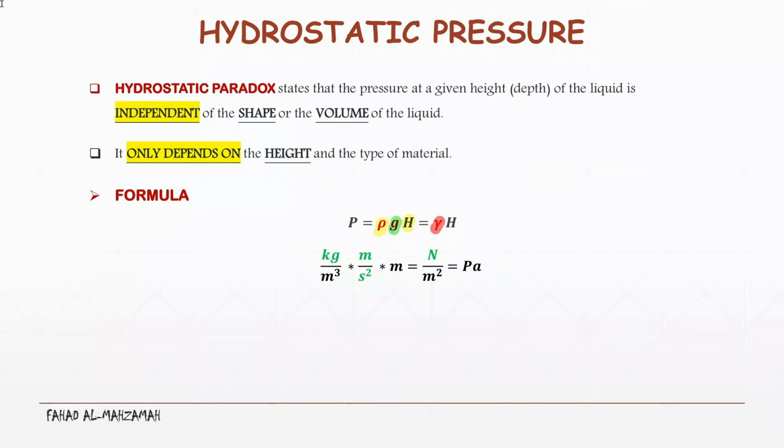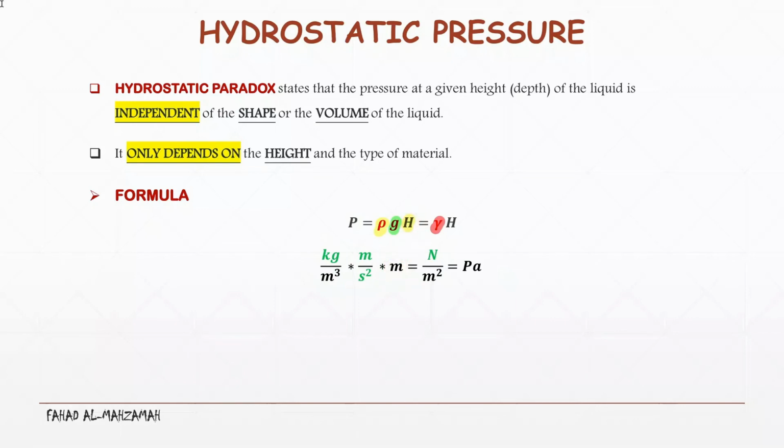So if we try to write the units, rho in SI is kilogram per cubic meter, which is mass per unit volume. The unit of acceleration of gravity is meter per square second, and the unit of height is meter.